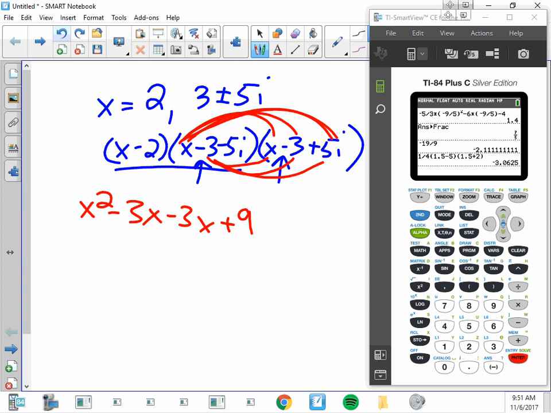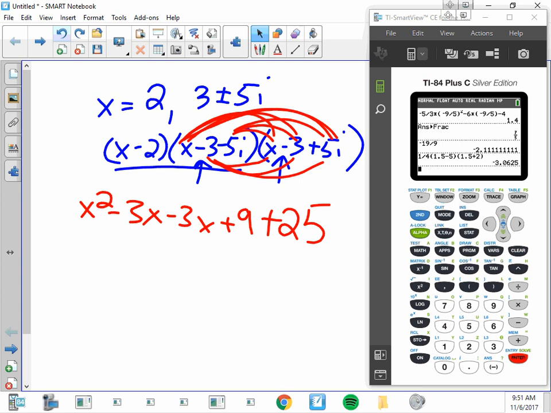Then I move on to the negative 5i. I can skip that one, and I can skip that one. But I need the last one. Negative 5i times 5i turns into negative 25i squared, but i squared is negative 1, so it turns into plus 25. And this is the pattern every single time.